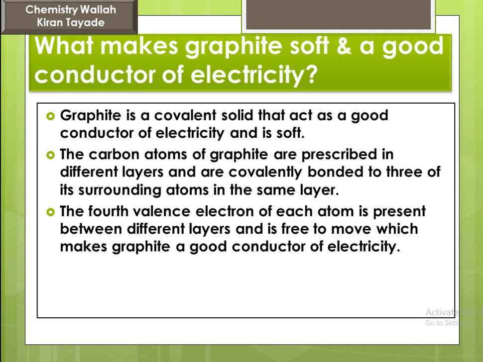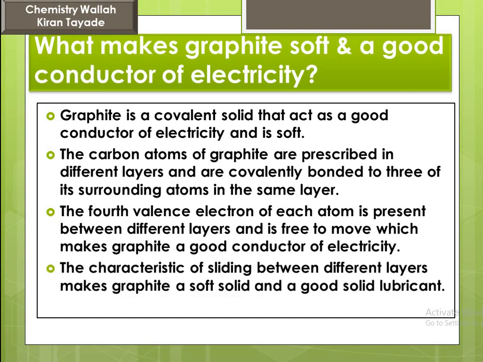To summarize: the carbon atom of graphite uses 3 valence electrons, but 1 electron remains behind, and that electron is free anywhere in the body. That's why it is a good conductor of electricity.